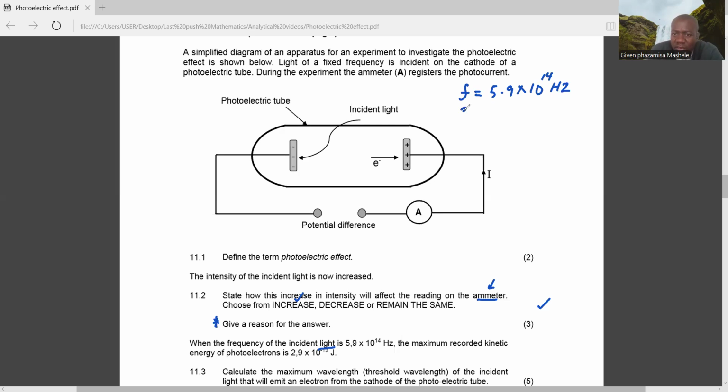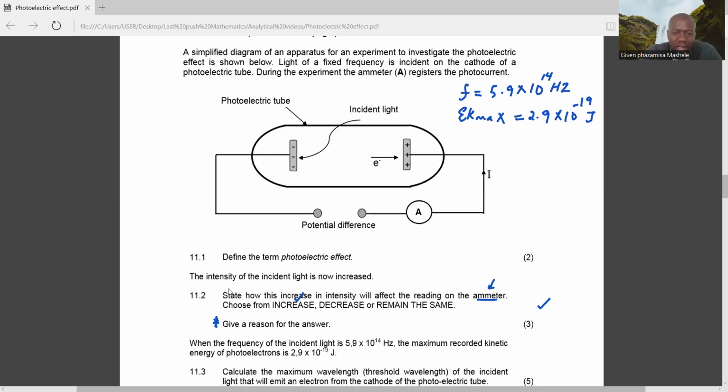So we're even given the EK max, it's 2.9 times 10 to the power negative 19 joules. Remember, when we're given EK max, we can know the speed of the electron that is being ejected.